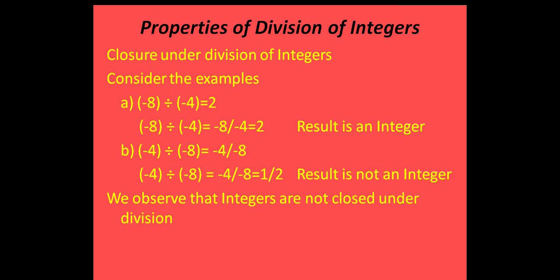Result is an integer. Second one, minus 4 divided by minus 8 is equal to minus 4 by minus 8. It is equal to 1 by 2. The result is not an integer. We observe that the integers are not closed under division.